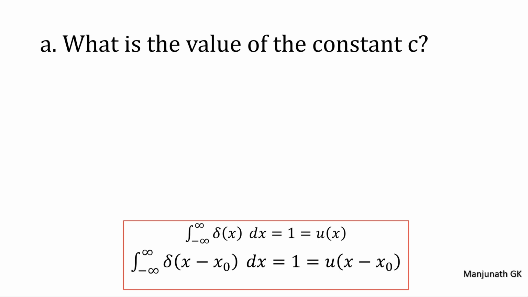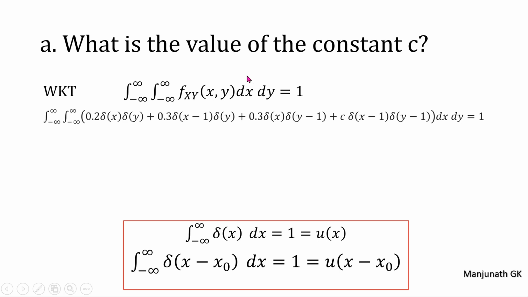What is the value of constant c? We know that the volume under a bivariate PDF surface is 1. It is a property of bivariate probability density functions. Substitute the bivariate PDF and integrate with respect to x and y.